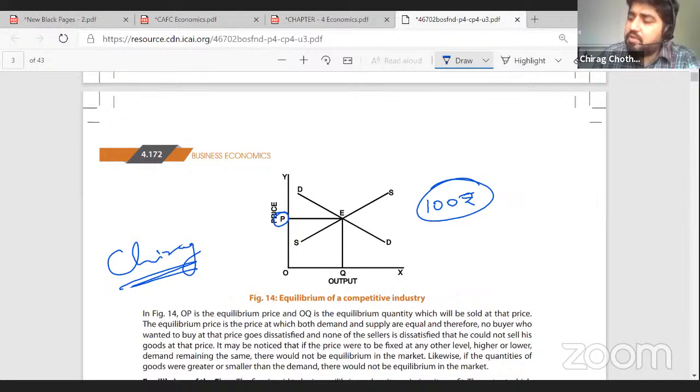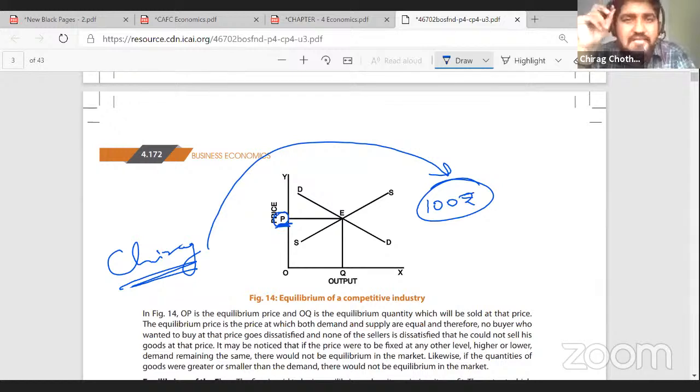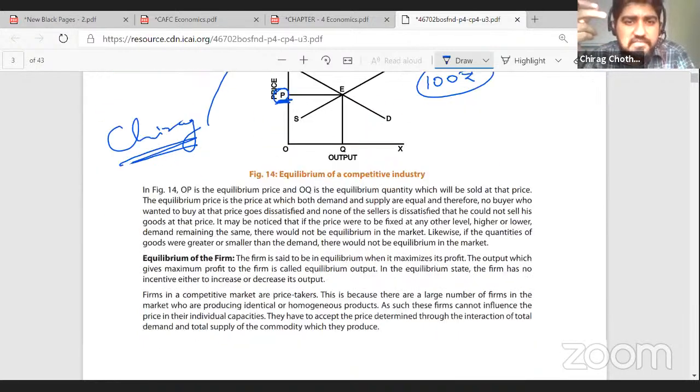If I sell at more than this, no one will buy from me. If I sell for less, the other sellers will go against me. So I have to accept 100 rupees as the selling price. Whatever price prevails in the market, I will adopt that price only. So who am I? I am a price taker. I cannot make my own price.